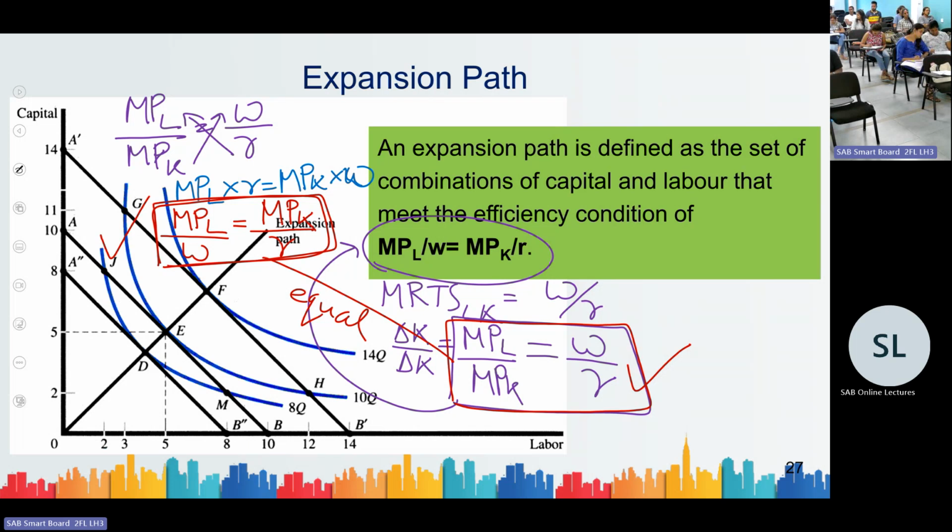So at the optimum combination of inputs, additional output generated by spending one additional rupee on each input should be the same.